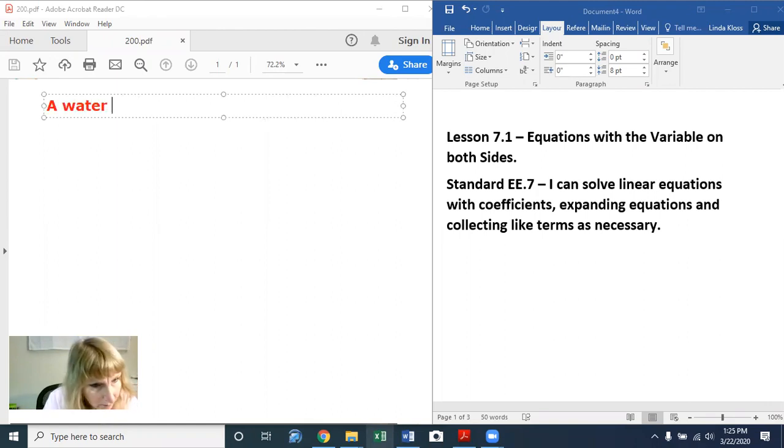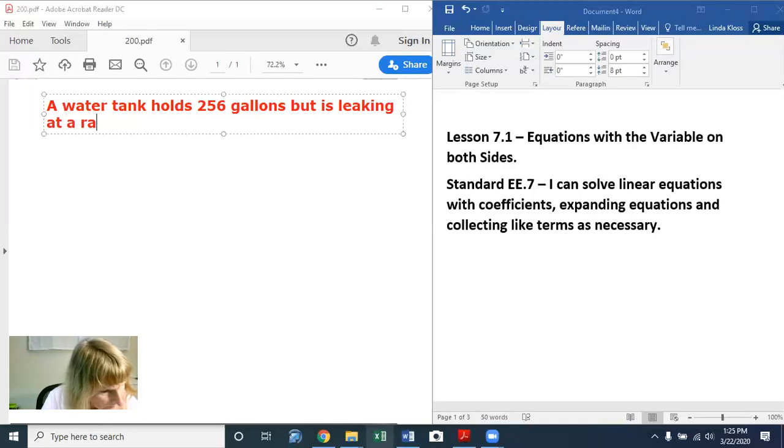A water tank holds 256 gallons but is leaking at a rate of 3 gallons per week.